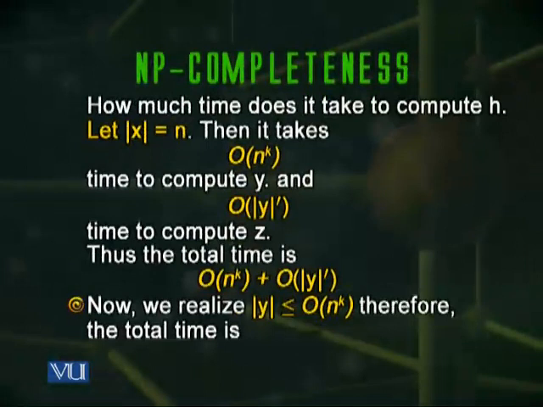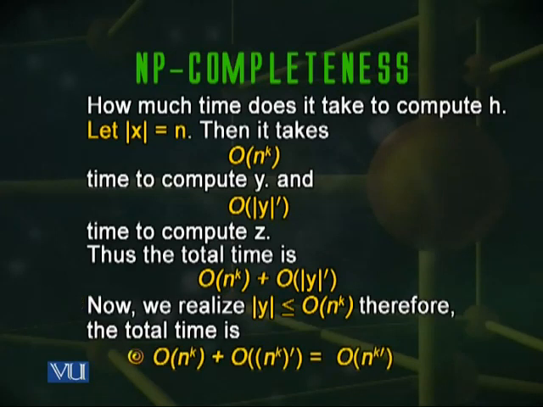Therefore, the length of y is less than or equal to order n to the k, and hence the total time taken is order n to the k plus order n to the k to the L, and you can easily see that the grand total taken by this algorithm is order n to the kL.